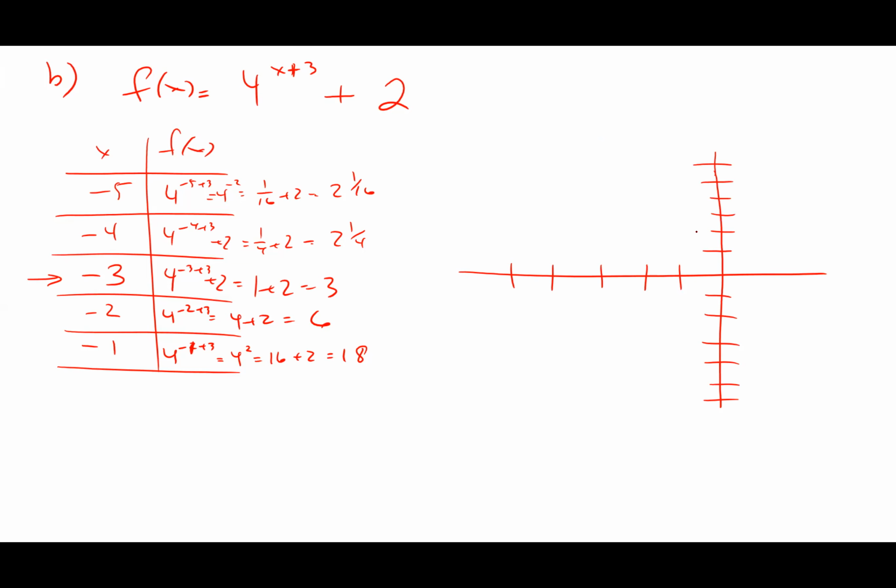It's going to be a 2 and just a little bit higher than 2. At -4, it's going to be a 2, just a little bit higher than the previous one. At -3, it's going to be actually right at 3. At -2, it's going to be all the way up at 6. And at -1, forget it.